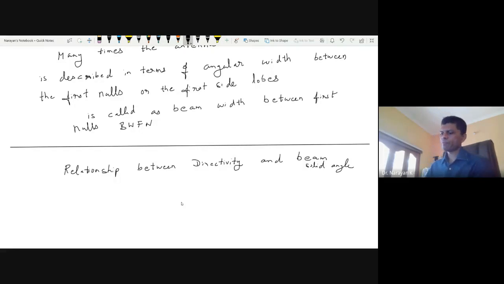So your beam solid angle is nothing but omega A. This omega A we have found using the approximate method, and also the exact method. Using the exact method, you do a double integration of the power density as a function of theta comma phi, d omega, with phi varying from 0 to 2 pi and theta varying from 0 to pi. This we have already done.